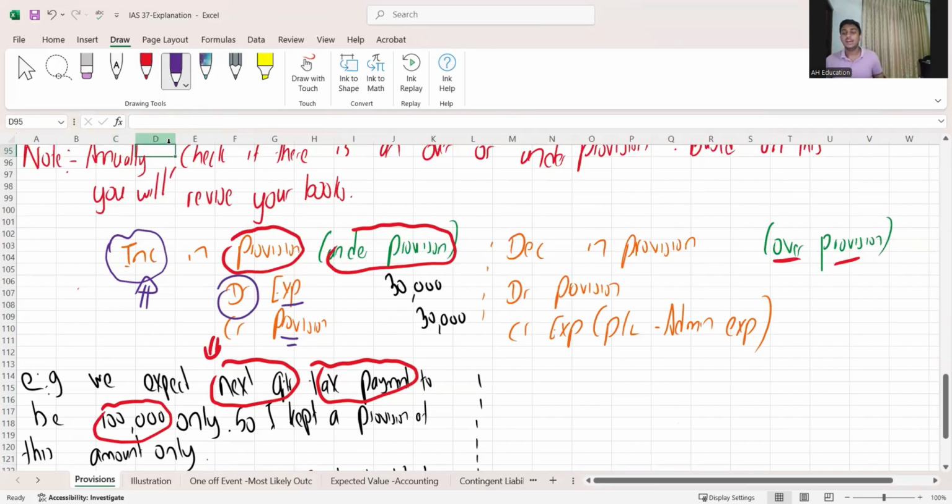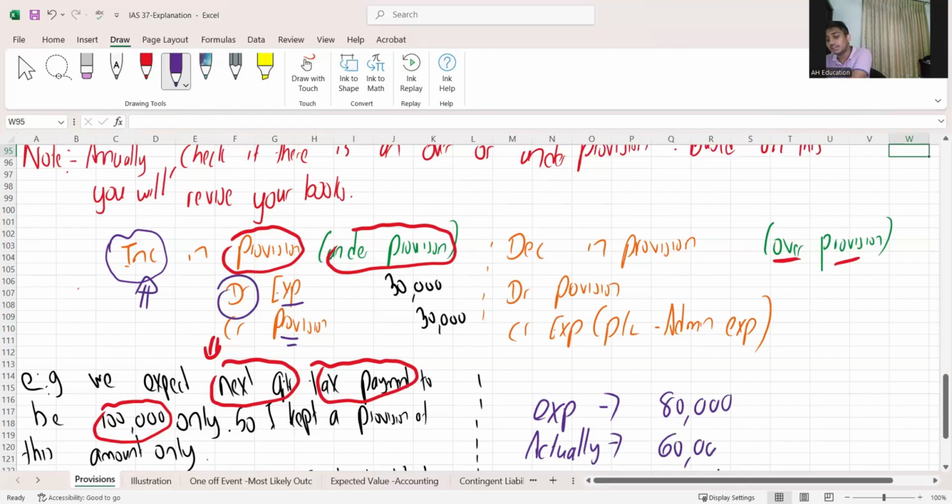Same thing happens if it's an over provision. For an example, say you all expected next year your tax payment to be 80,000, right? But actually, what happened was your tax payment only was 60,000 for your next year. So can you see here?